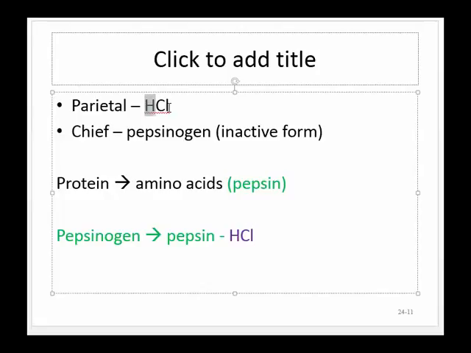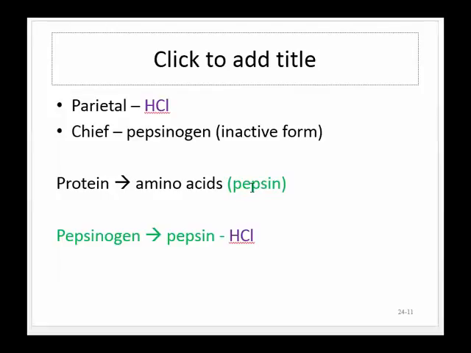So now we can see how all of these things group together. In order to break down proteins, which the stomach does, it's going to need pepsin. In order to have pepsin, the chief cells have to produce pepsinogen, and to activate pepsinogen, they need hydrochloric acid.